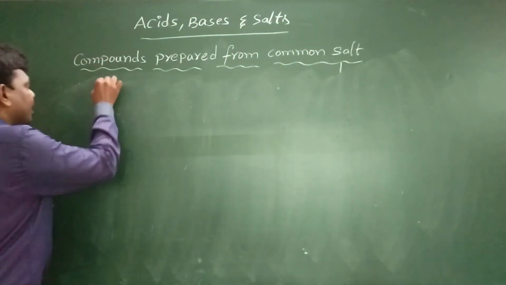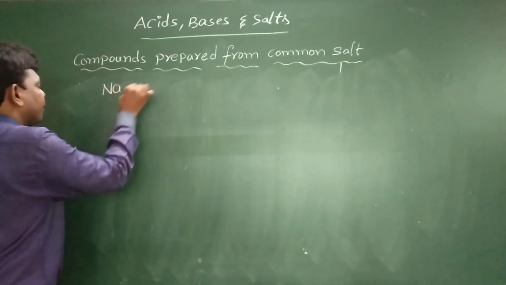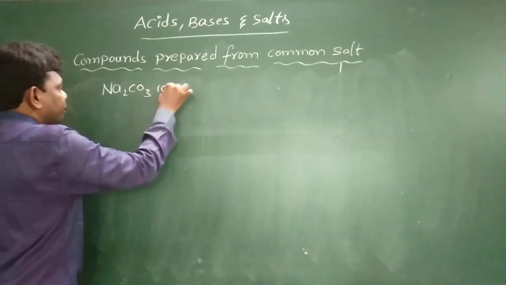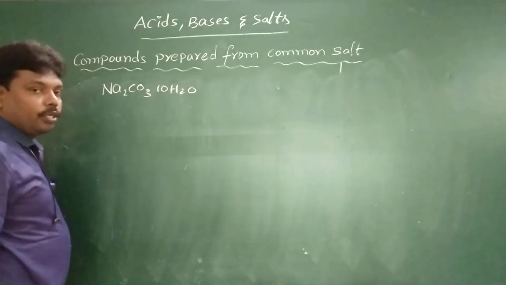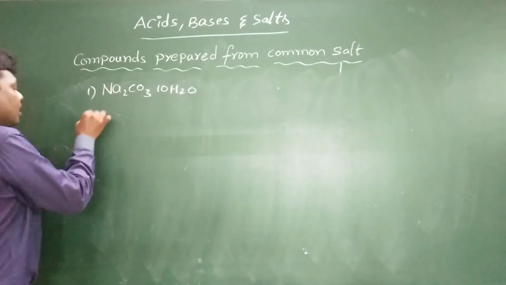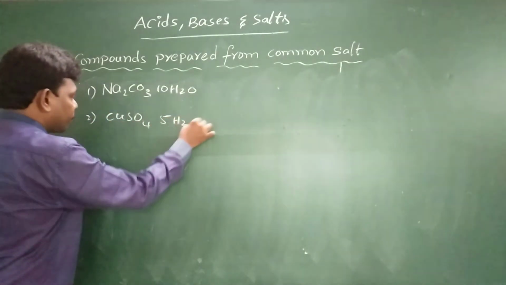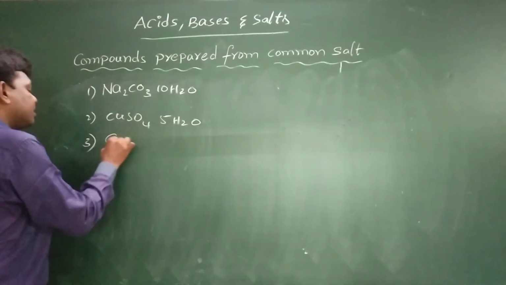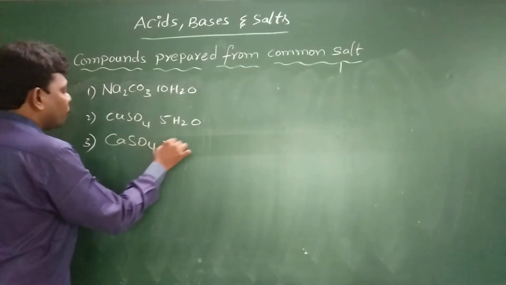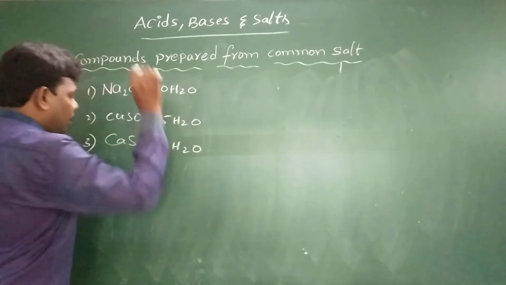Let us take Na2CO3·10H2O, and the second one is CuSO4·5H2O, the third one is CaSO4·2H2O, and so on.